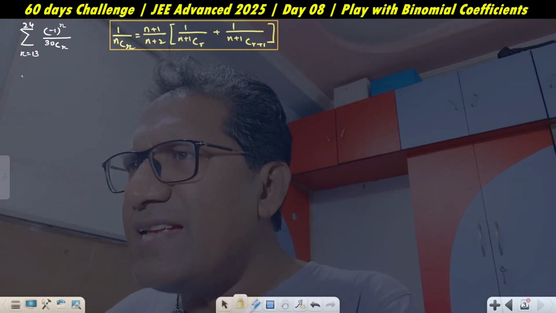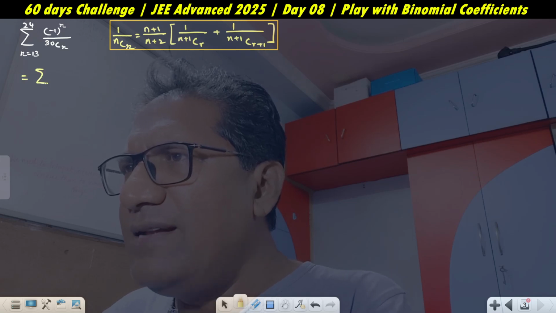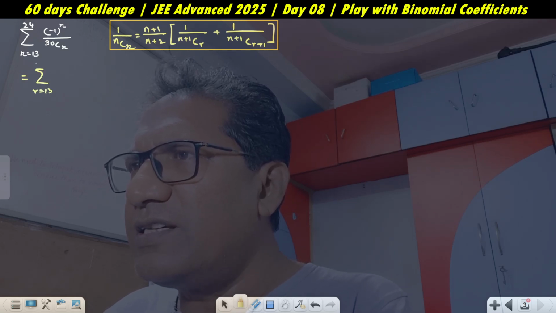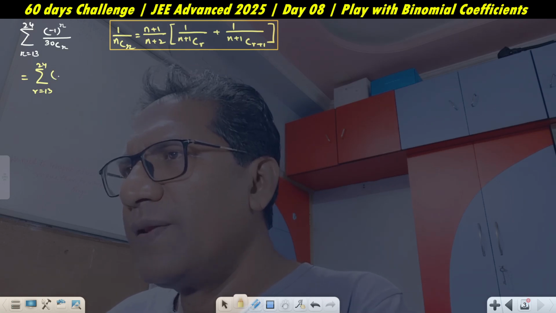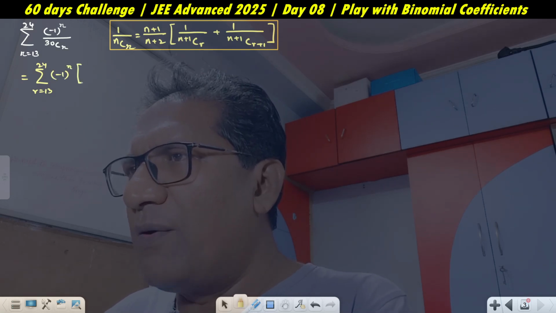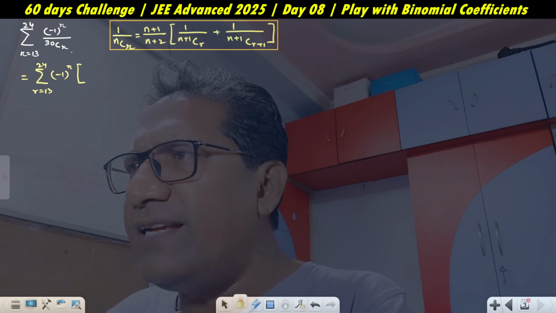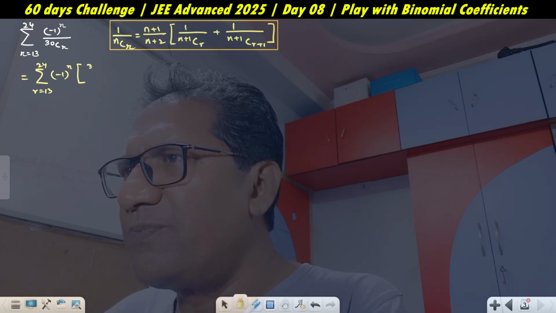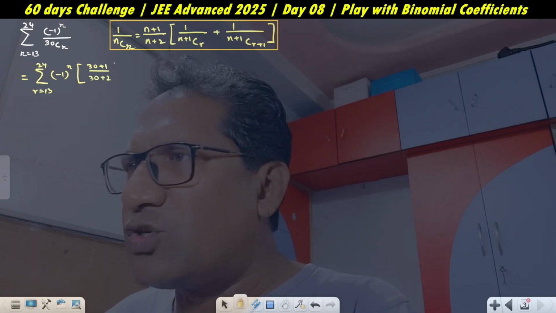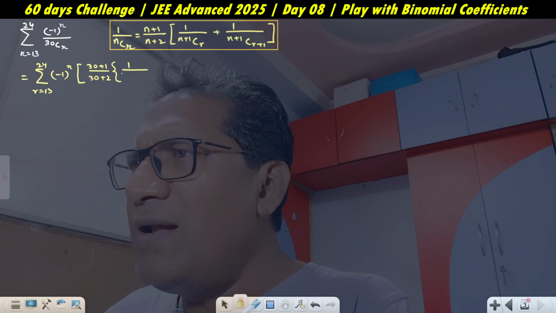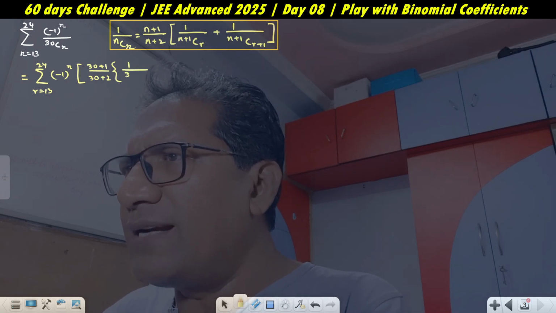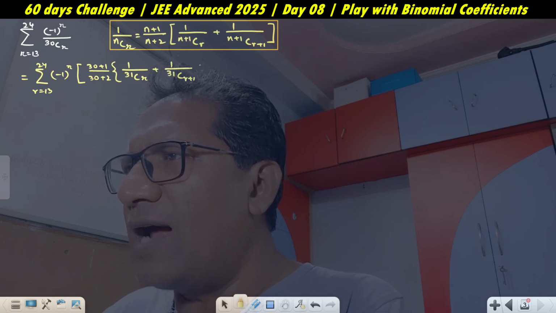So in this case again, I will write this thing as the sum from 13 to 24 of minus 1 whole to the power r, 1 over 30CR. It can be written as (30 plus 1) divided by (30 plus 2), n plus 1 by n plus 2, times [1 by 31CR plus 1 by 31C(R plus 1)].